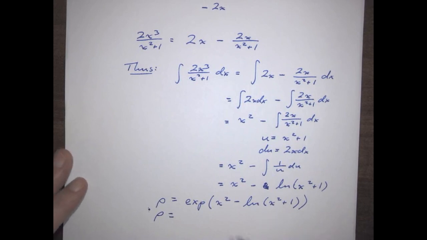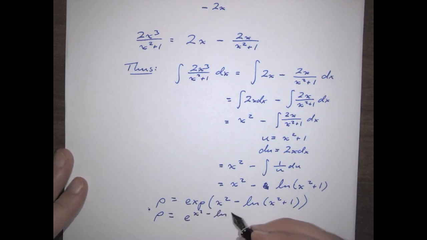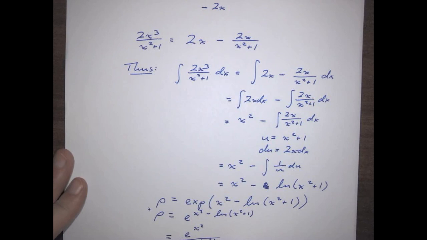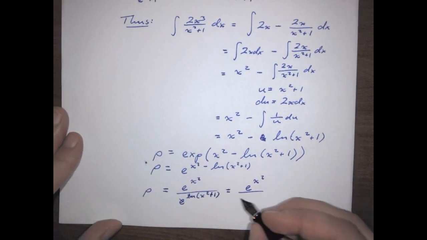And so what this is going to give us is e to the x squared minus natural log x squared plus 1, which we can rewrite according to the properties of exponents as e to the x squared divided by e to the natural log x squared plus 1, which is going to be just e to the x squared, and these are going to cancel each other out, and we're going to end up with just x squared plus 1.